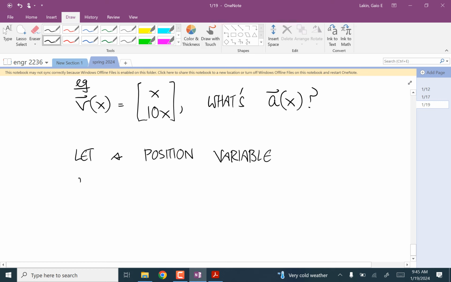Well, the acceleration is the time derivative of the velocity.